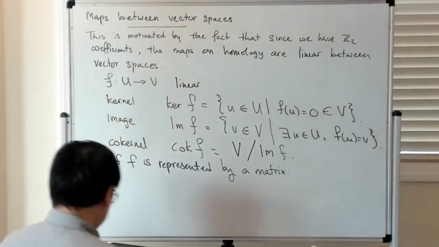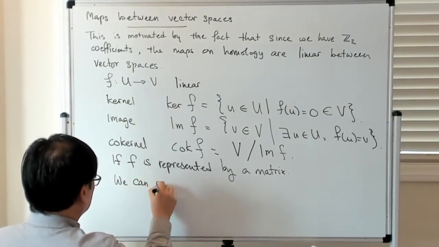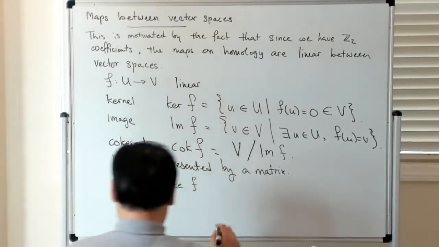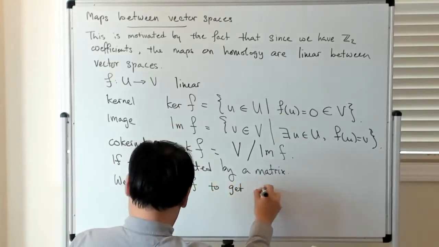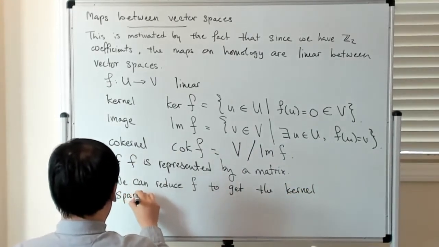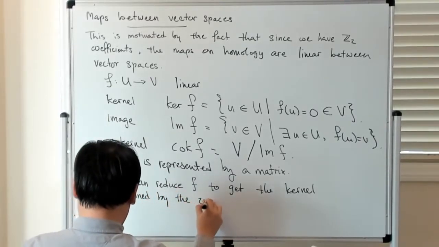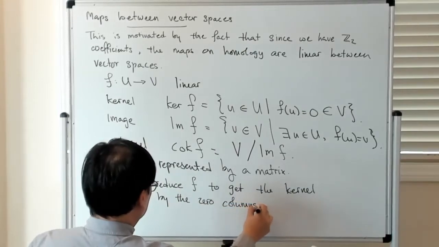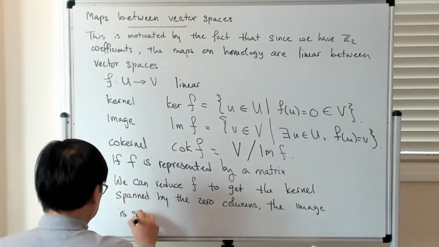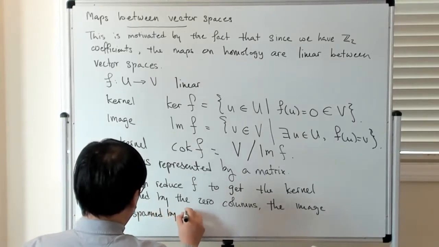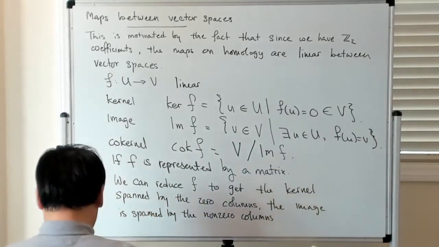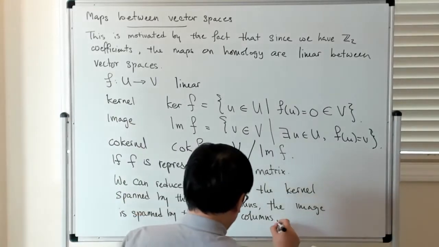We can reduce F to get the kernel spanned by the 0 columns, the image spanned by the non-zero columns, and the co-kernel spanned by the 0 rows.